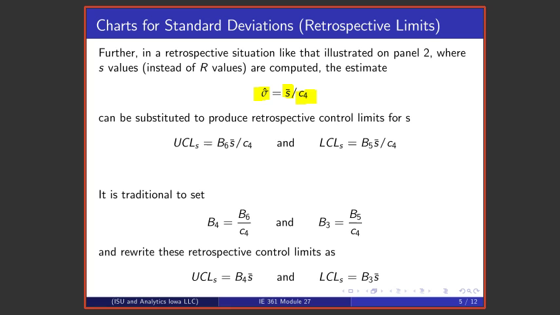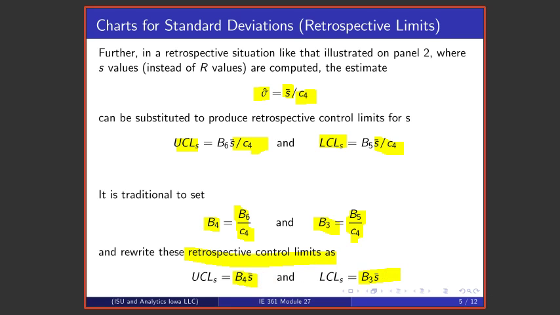And if you put that estimate of sigma in place of sigma in the control limits for the sample standard deviation, and look at that and say, well, if I collected big B6 over little c4 and called it something, or big B5 over little c4 and called it something else, I might have a slightly simpler looking set of retrospective control limits for sample standard deviations that are these.